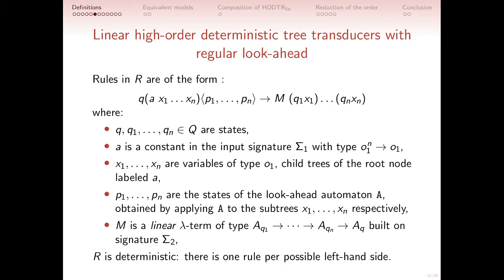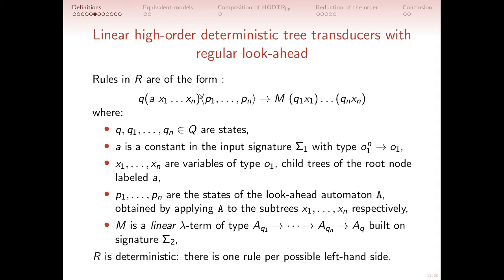The rules of the transducer are like this. This is the label of the current node, and these represent the child nodes of this node. These are the look-ahead states that have been computed by the look-ahead automaton.